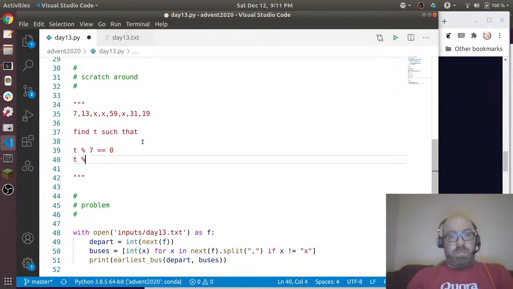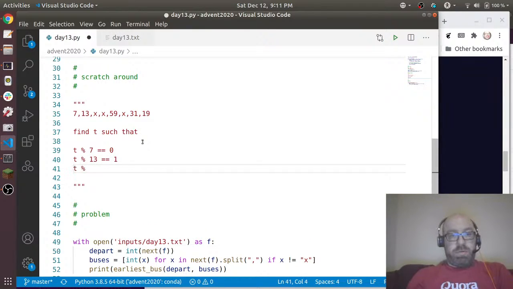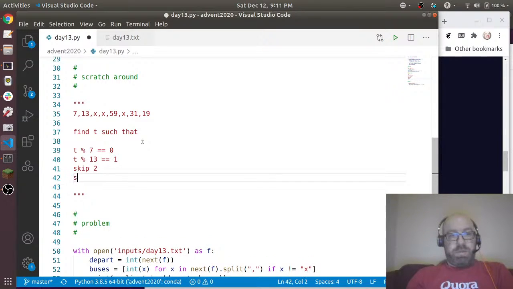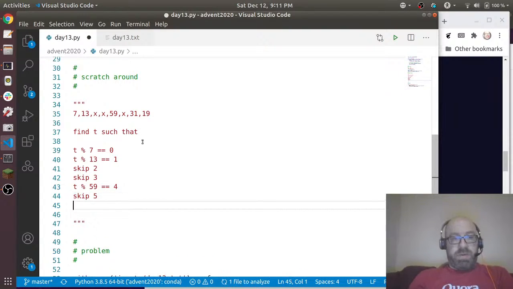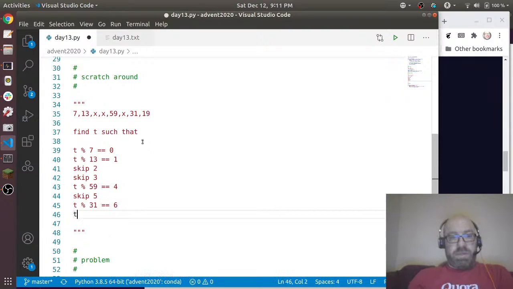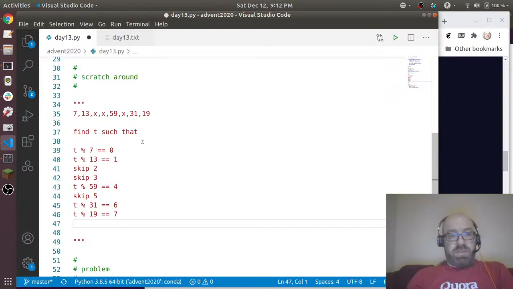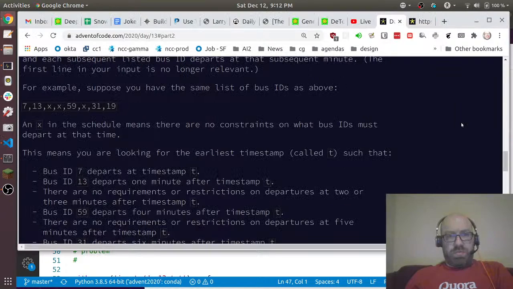T mod 13 equals 1. Skip 2, skip 3. T mod 59 equals 4. Skip 5. T mod 31 equals 6. And T mod 19 equals 7. Okay, and I think that's right.